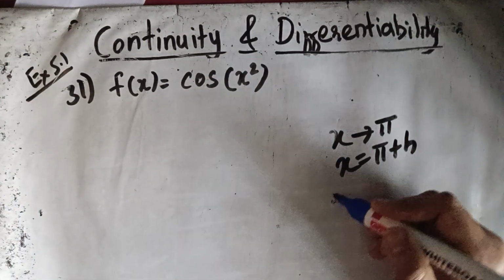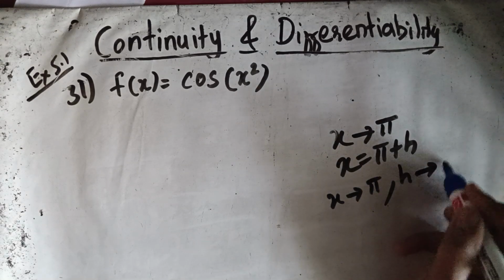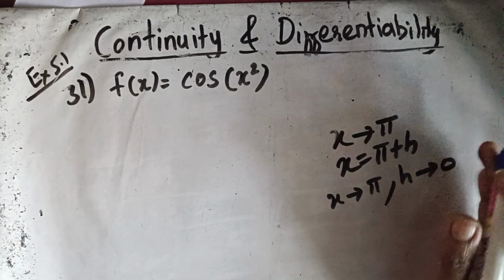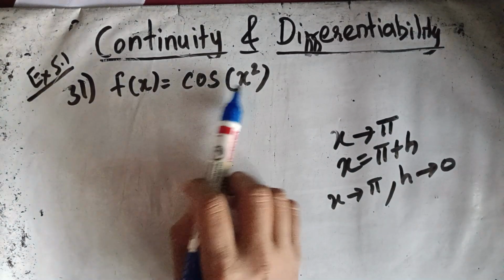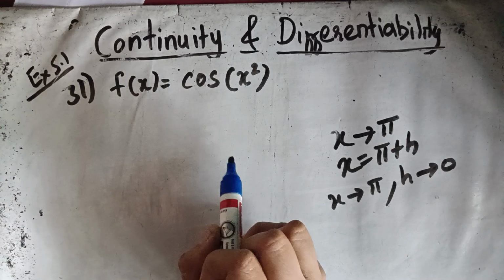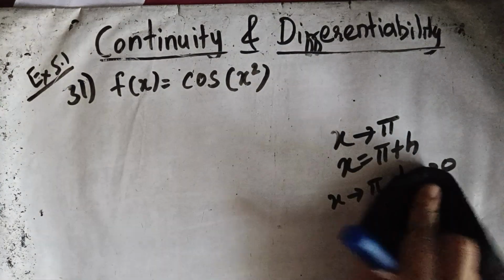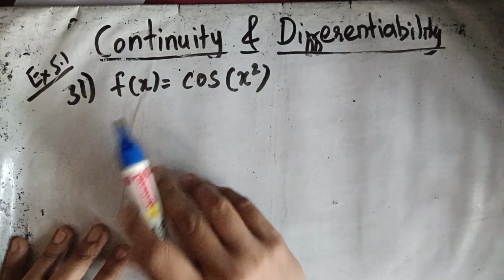So as x tends to pi, h tends to 0. So this we have shown, that f of x equal to cos of x is continuous. You can refer to that question.